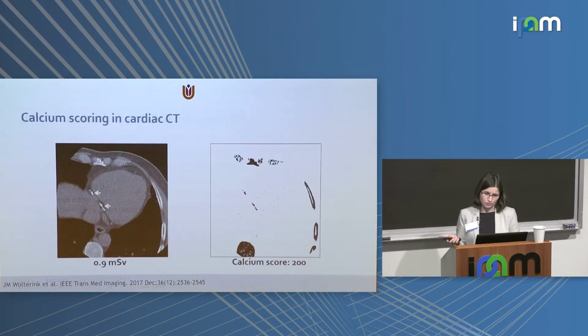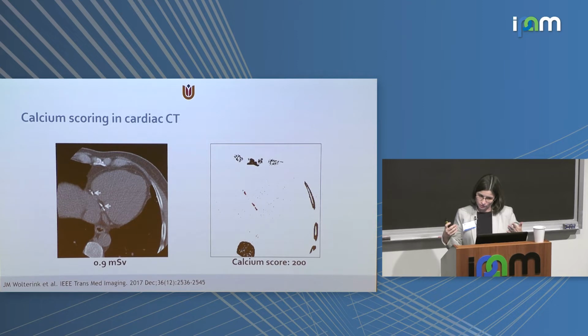But let's first look at the noise. So here you see a slice from a CT scan that has been made for calcium scoring. And with arrows, you see calcifications in the right coronary artery, and they're quite large and very well visible. And this image has been acquired with a regular dose, which is below 1 millisievert, so it's not very high dose. And on the right hand side, you see how calcium scoring is performed using commercial software.